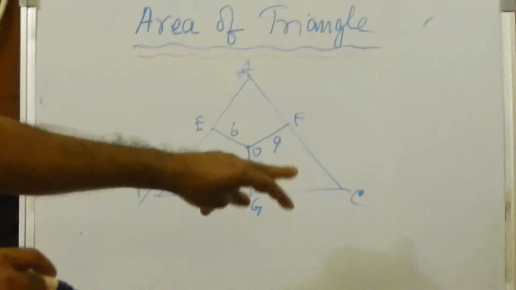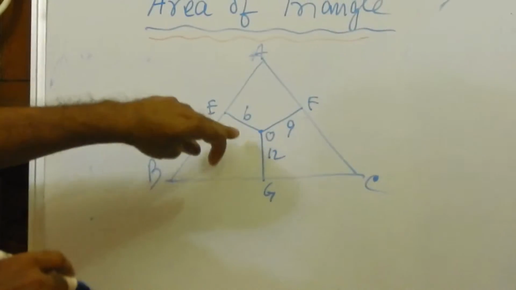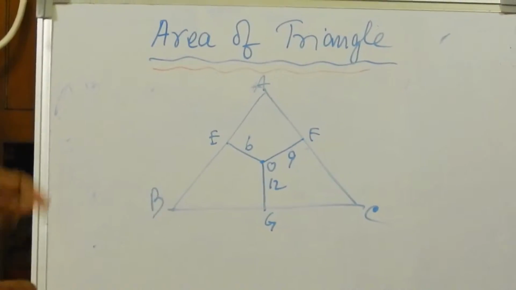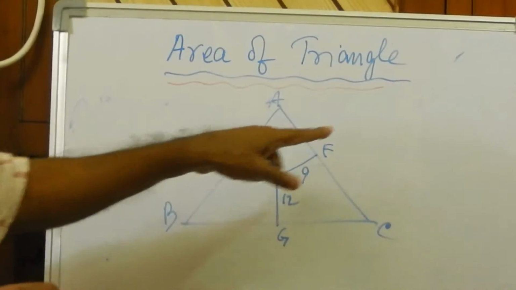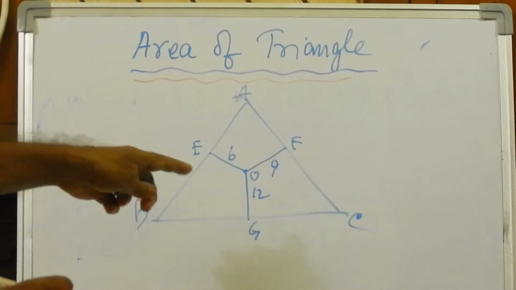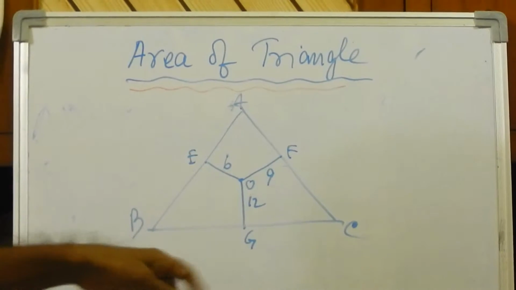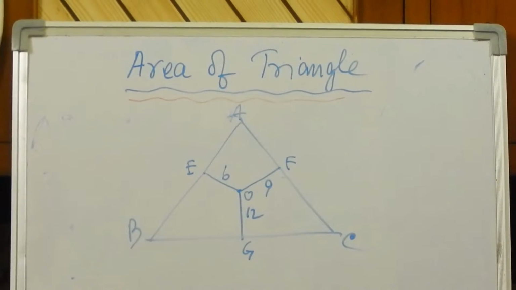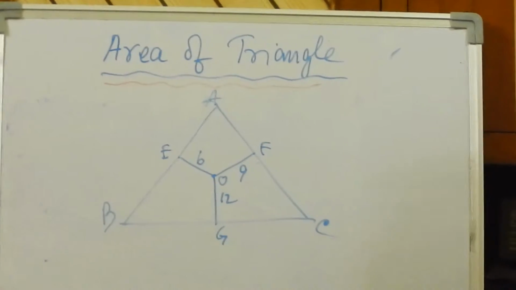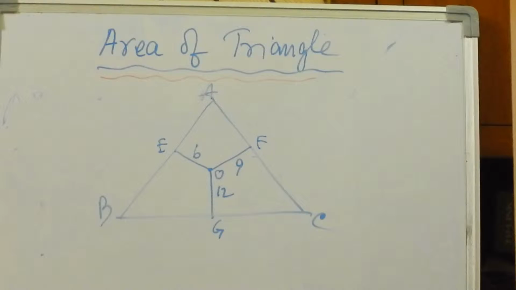So here is the triangle ABC, and from any point inside the triangle, three perpendiculars are drawn on the respective opposite sides, and they are OE, OF and OG, and their lengths are given as 6 centimeter, 9 centimeter and 12 centimeter respectively.